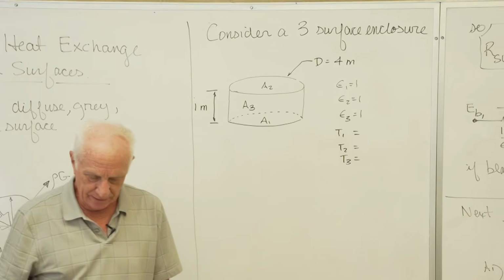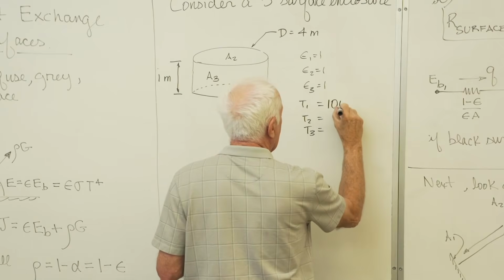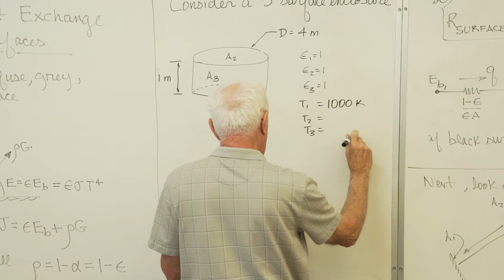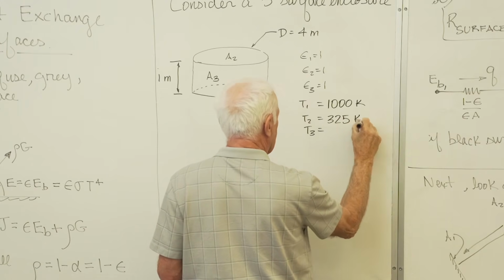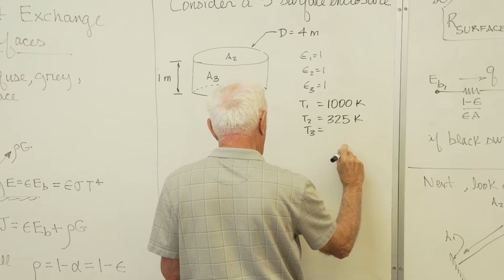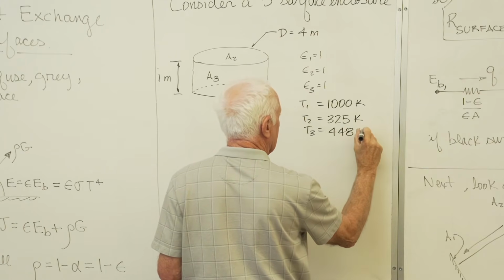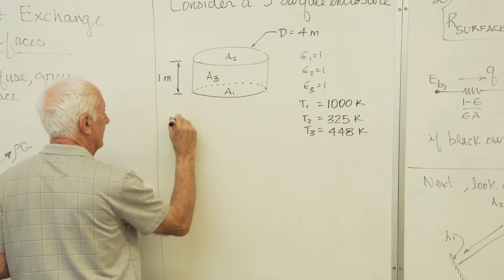Okay, let's see. Here they are. 1,000 K. 325 K. 448 K. Let's get the areas.